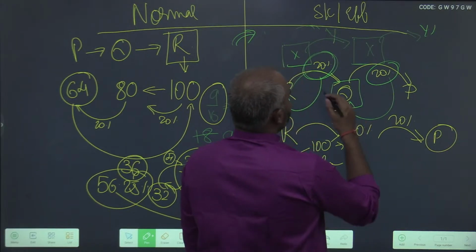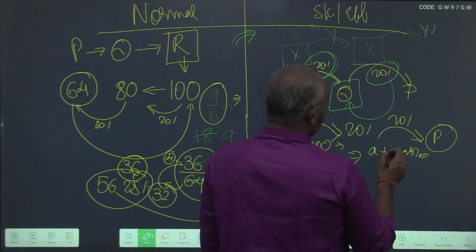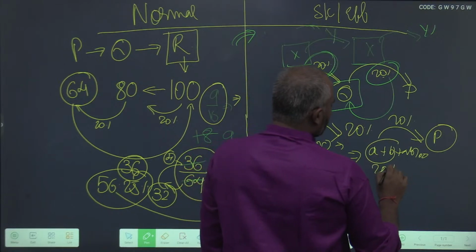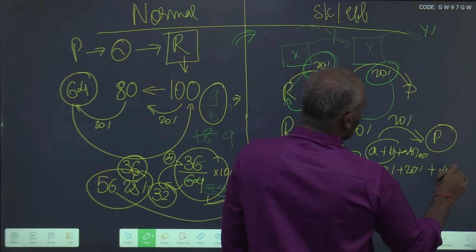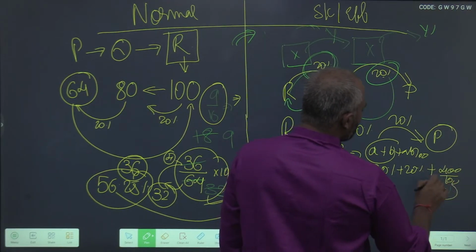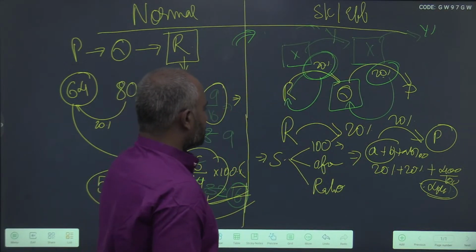Formula is A plus B plus AB by 100. Since the percentage is equal, 20% plus 20% plus AB, which is 400 by 100, which is 44%.